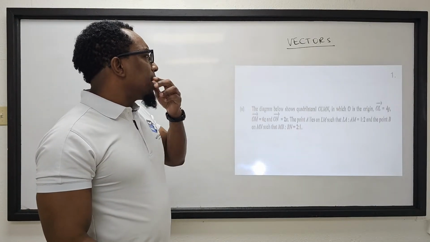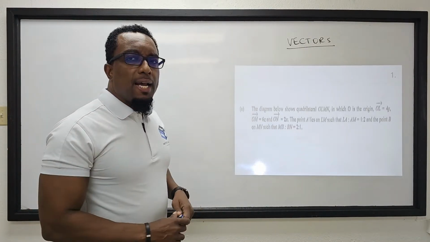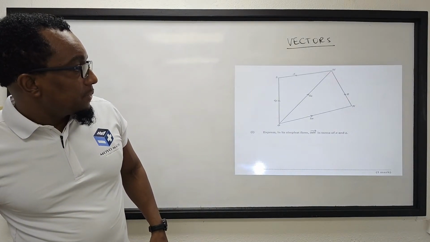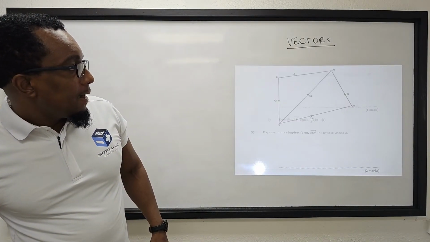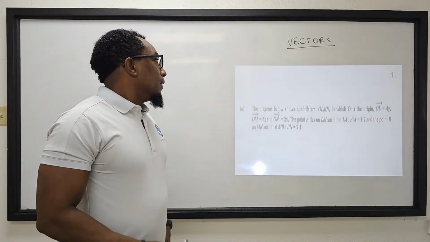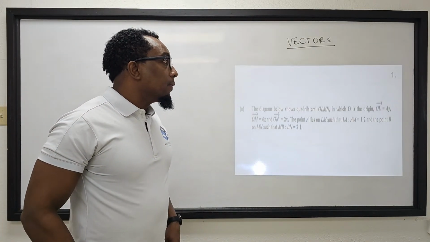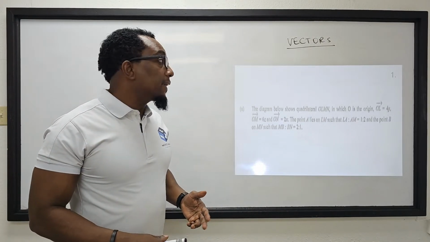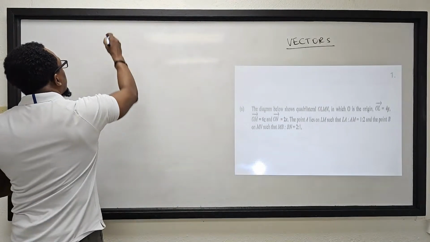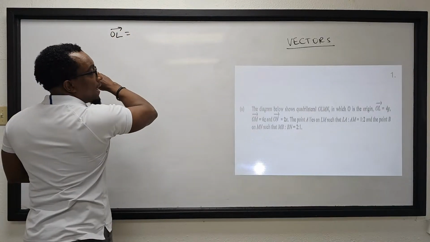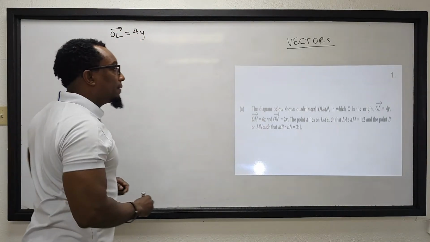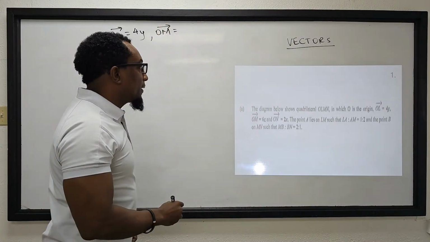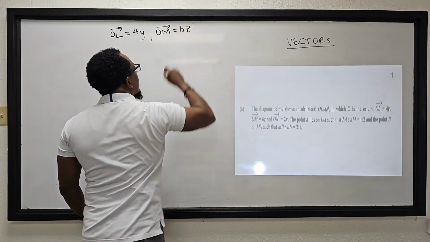It says here the diagram below shows quadrilateral OLMN, in which O is the origin. Vector OL, you know all vector quantities will have magnitude and direction, so vector OL has magnitude 4y. Vector OM has magnitude 6z.